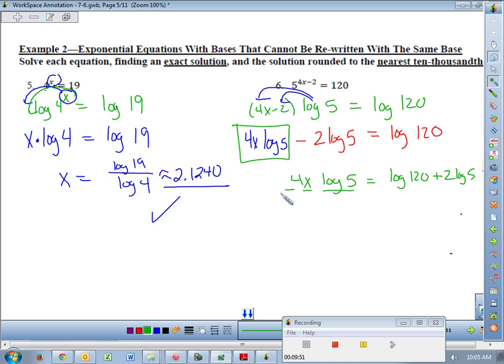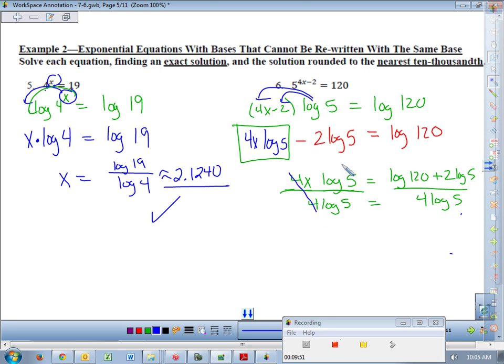So let's show that so we can see what we did when we're looking back at our examples. We're just dividing both sides by 4 logs of 5. And what happens is, the 4's go away and the logs of 5 go away, and all you're left with on the left side is an x. So x equals log of 120 plus 2 logs of 5 all over 4 logs of 5.